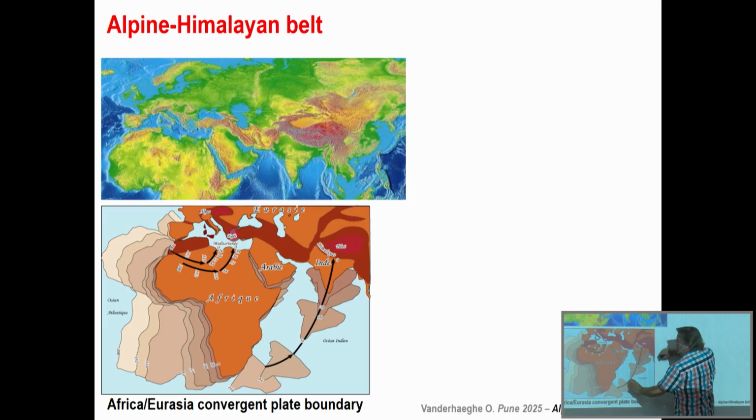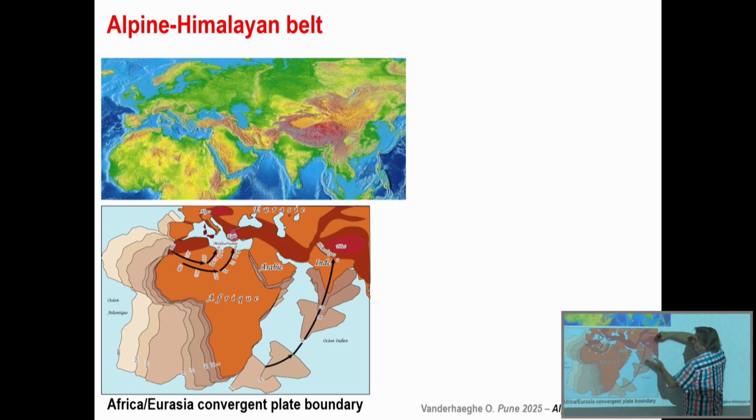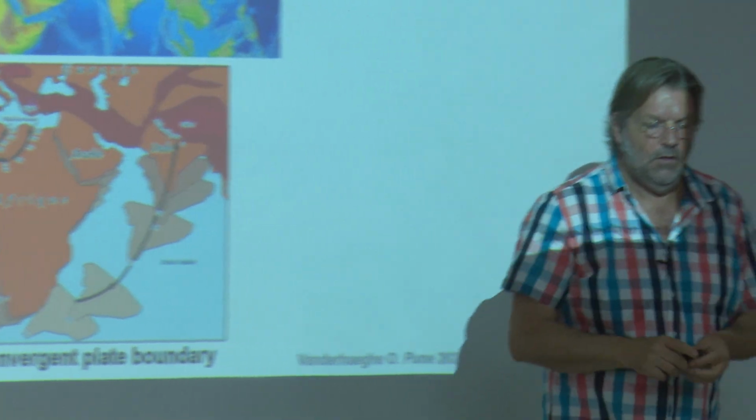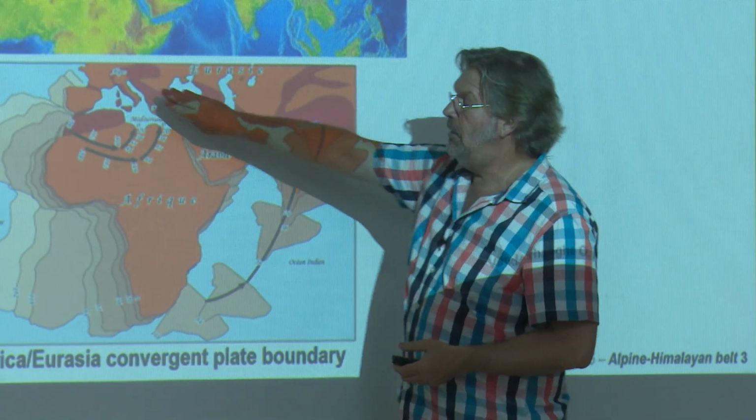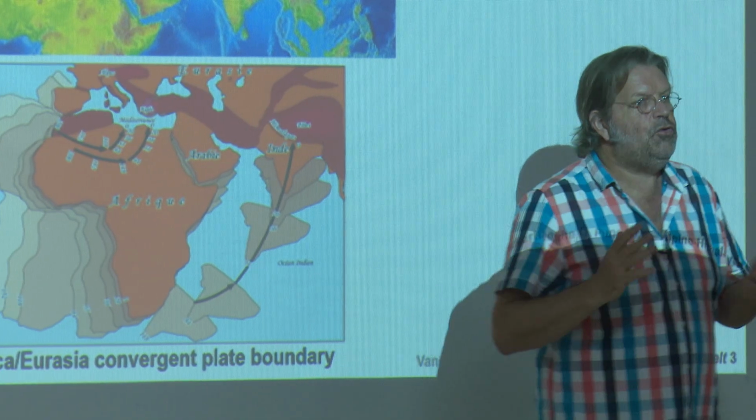So even though the angular velocity vector might be similar or close, except that it's different here for India because it's been separated from Africa, the linear amount of convergence is much less here than here. So you expect a much wider belt here than here. That makes sense? And also thicker crust and higher topography here than here. First order, it makes sense.